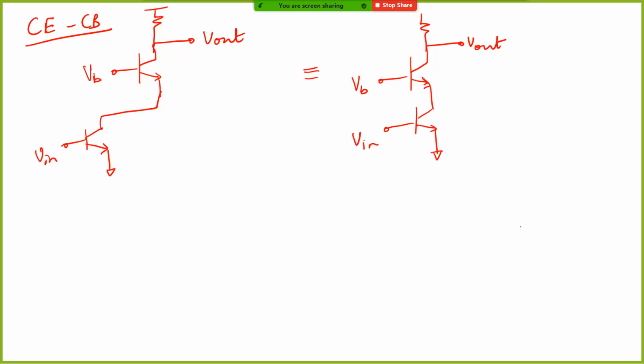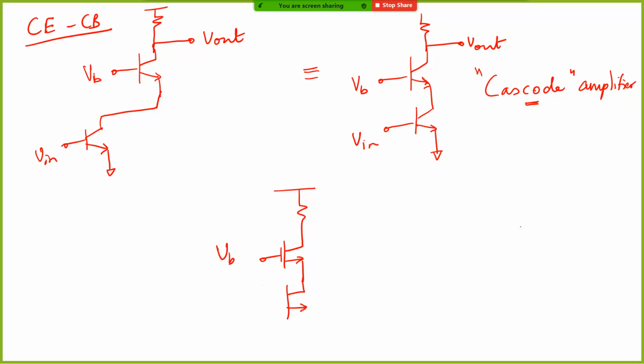Basically, you are stacking two transistors, and this configuration is what is called a cascode. Okay, this is not cascade; it's called cascode. This is a cascode amplifier, and the same thing can be done with MOSFETs also. You give some bias voltage, and this becomes your V in, your V out.